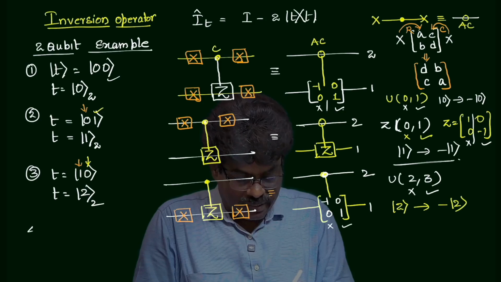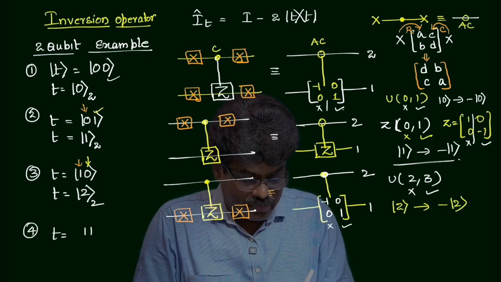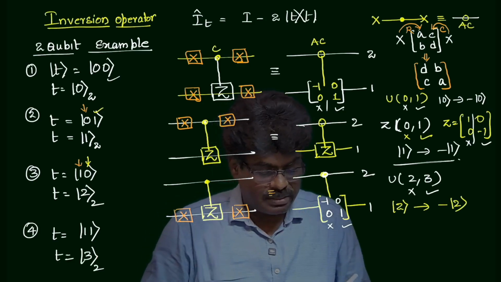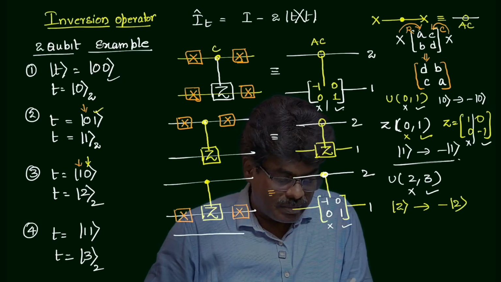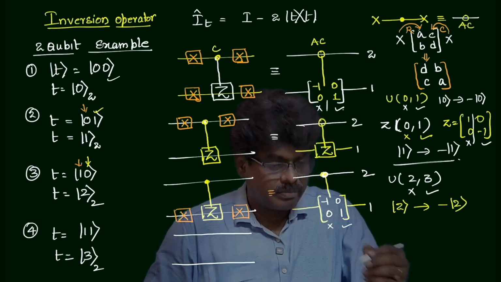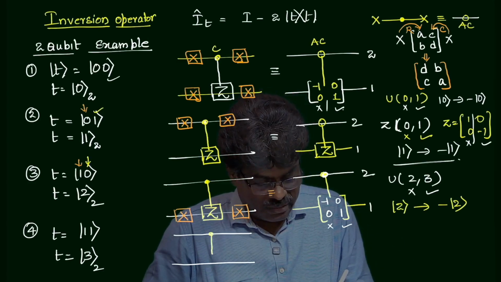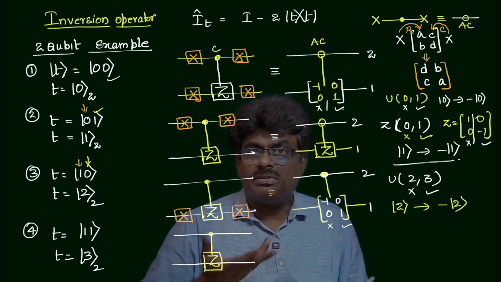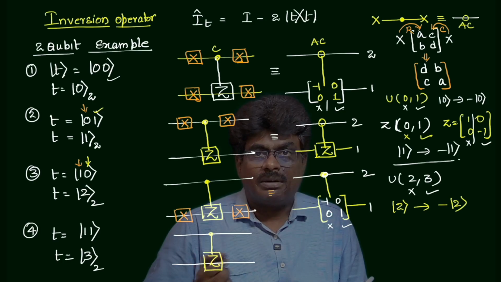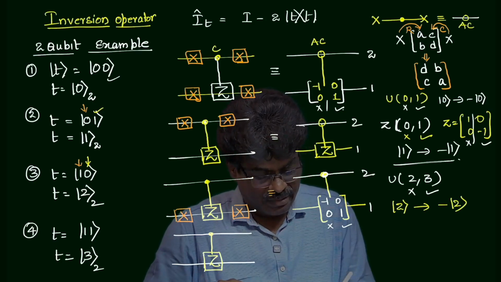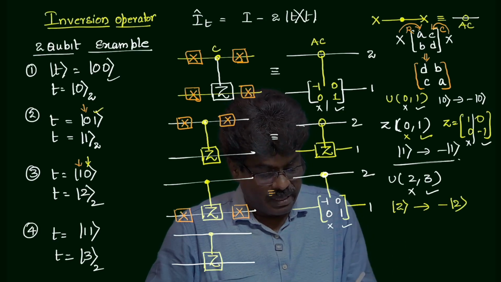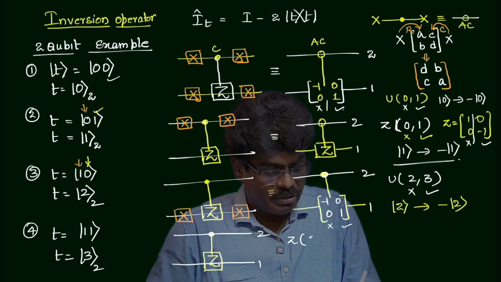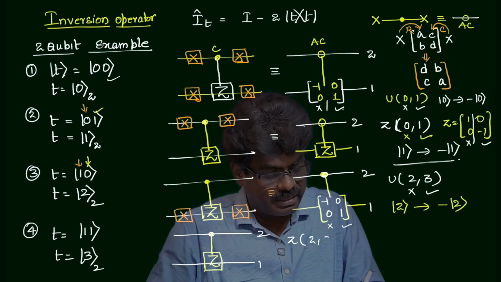And the next one, the fourth one, target equal to 1 1. Right? So as usual, this control Z gate is as usual, and here we don't have any 0, so no Pauli X gate, leave it. Then this is nothing but 1 and 2, it's a CZ operation, so that's Z of 2 comma 2 plus 1, that is 3.